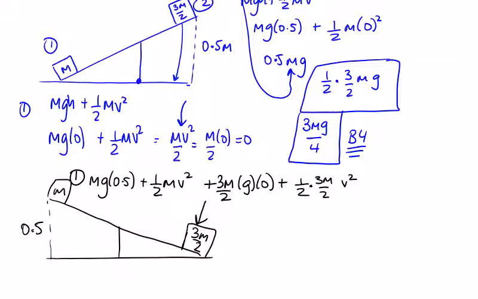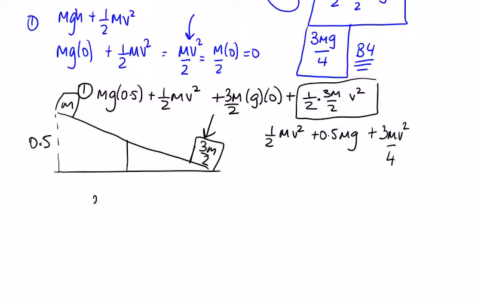Tidying this up, we get a half mv squared plus 0.5 mg from position 1, and then from position 2 we get 3 mv squared over 4 for this one.